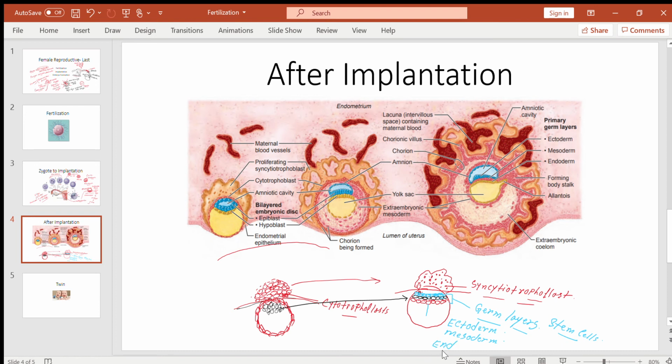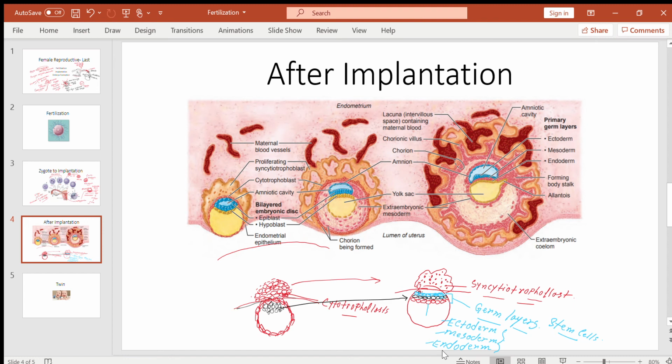Endo means in, right? Endoderm. So you see, these three germ layers are formed from the inner cell mass. Why are these three germ layers very important? Because your body structures are formed from these three layers.